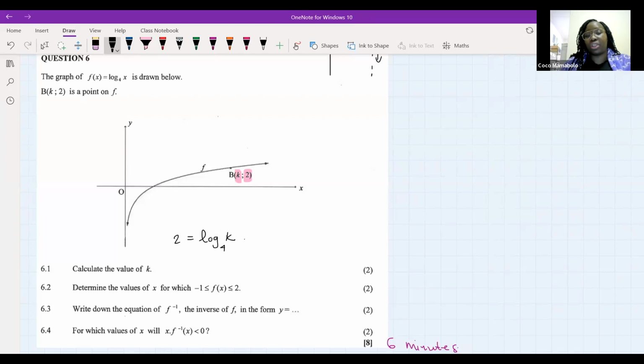Now, the way I'm going to solve for k, I don't know how you guys would do this, I would take it out of log form and put it back into exponential form because it makes it easier for me to see. I know that this is my base, this is my exponent, that must be my answer. So I should have 4 squared is equal to k, therefore k is equal to 16. That's the answer we should get here.